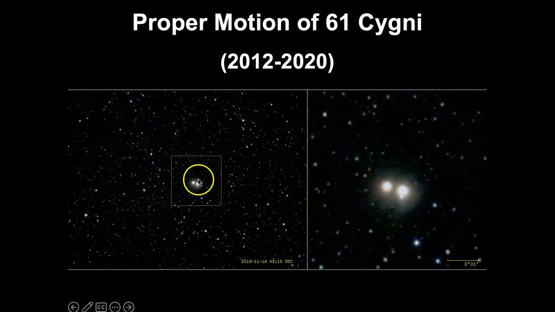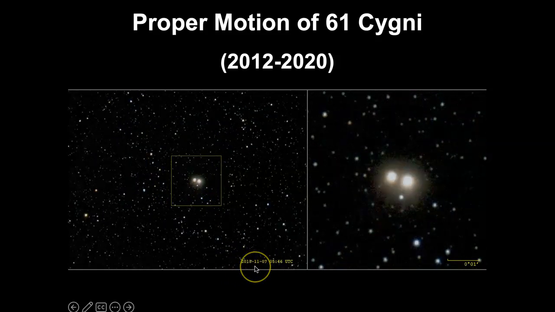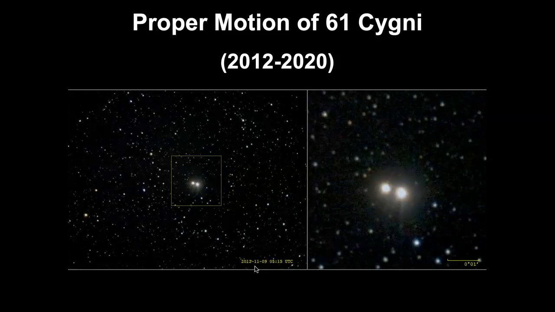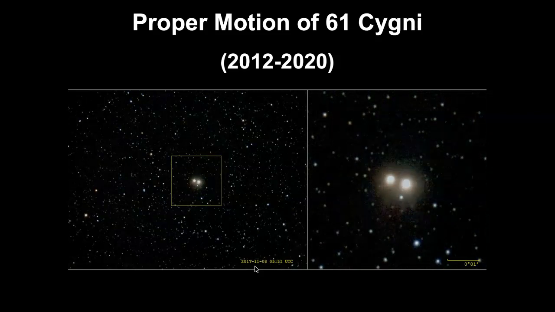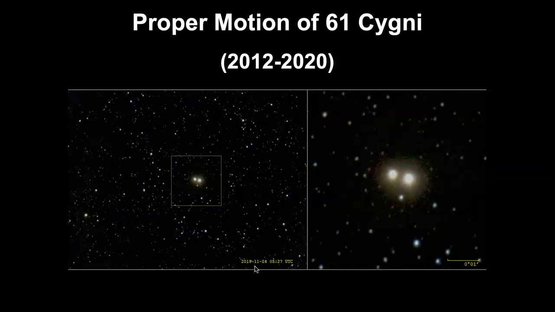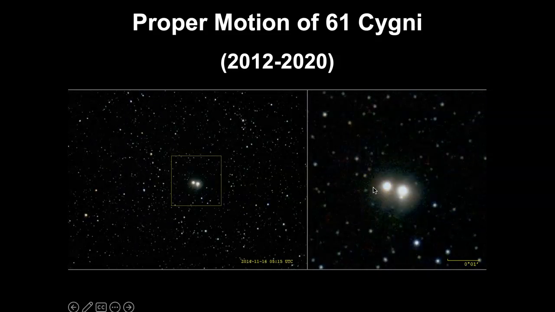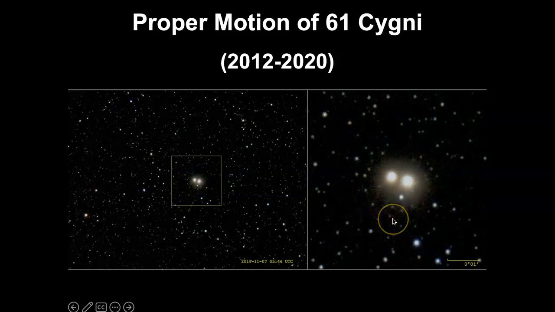And if you watch this star, notice the timestamp down here. This is a series of images going from 2012 to 2020. So these pictures span 8 years. And in 8 years, this star, one of the closest ones, moved just that far.